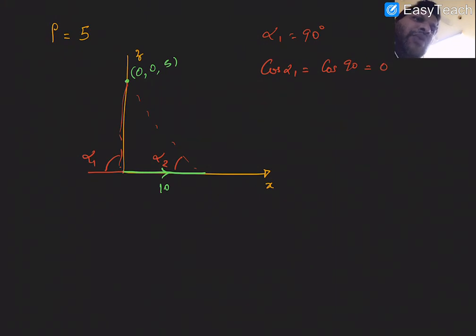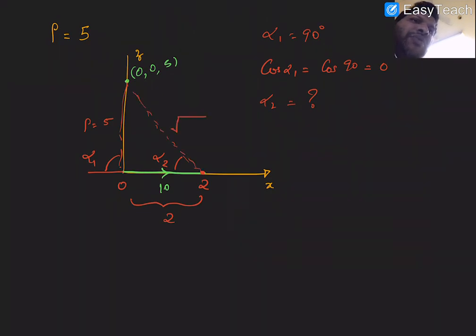Okay, now what is alpha 2? So we don't want to find alpha 2 itself. Anyway, you know that this distance is equal to phi. Okay, and in the problem it is given that this is equal to 2 and this is the origin. So this distance is equal to 2. Now what is this total distance?